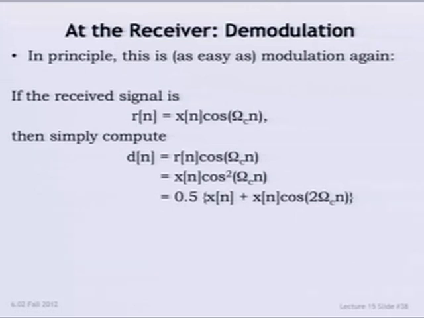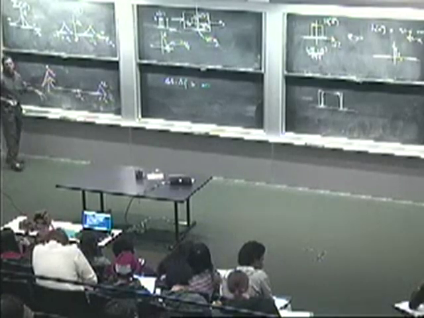Okay? And that's actually what the algebra shows. The algebra is very simple. You're receiving this, multiply it again by a cosine. So take the received signal and multiply it again by a cosine. Well, if you substitute for what the received signal is, you get x[n] times cosine squared. Cosine squared, if you use a standard identity, splits into these two terms. So here's the 0.5 x[n] sitting here at the origin.